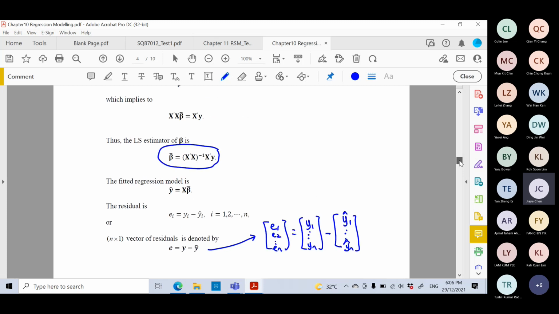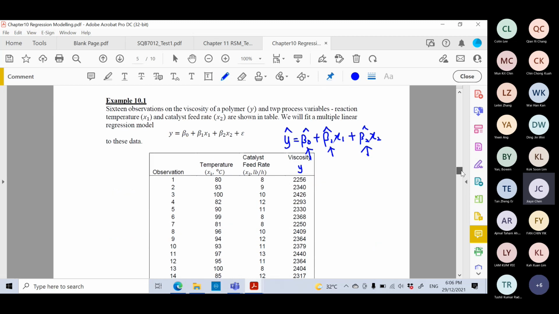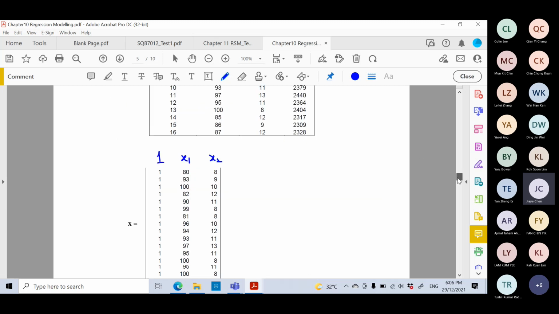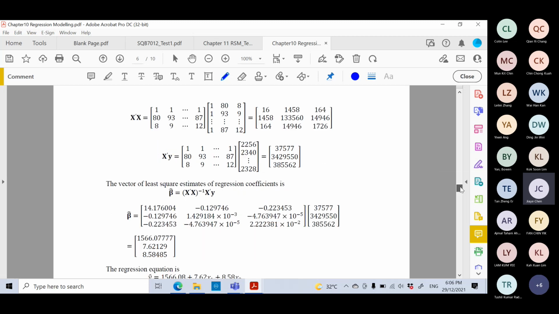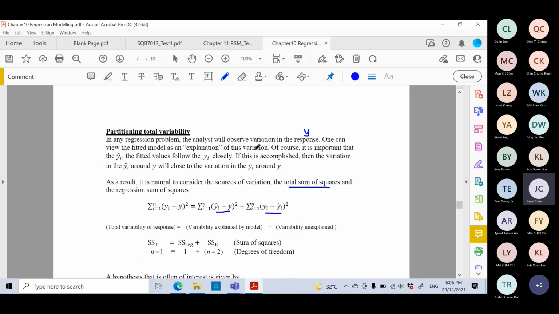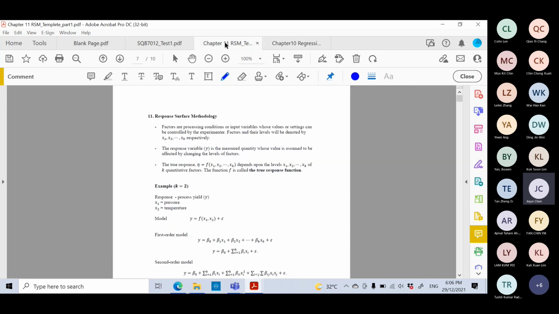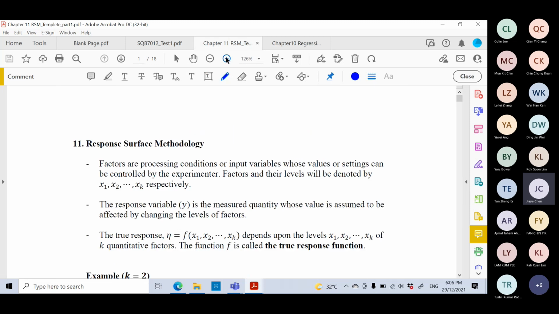After that, we can test the significance of the model and also the significance of each beta. This is what I discussed in the previous classes. Following the regression analysis, we will go through the next chapter, called response surface methodology, which is related to the regression model.